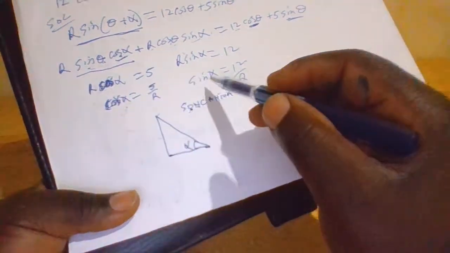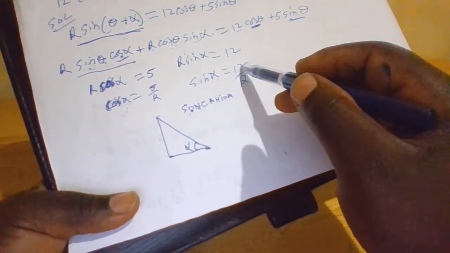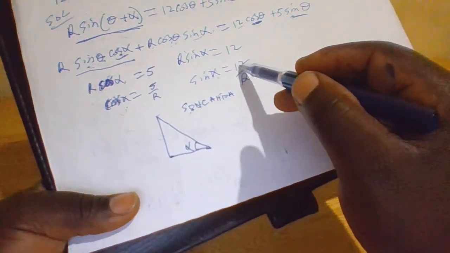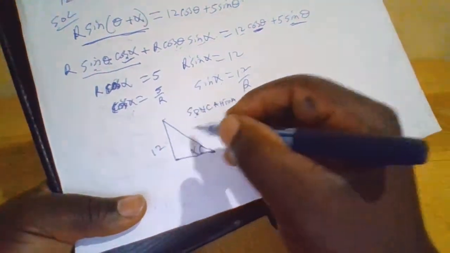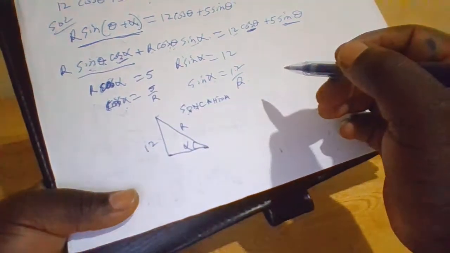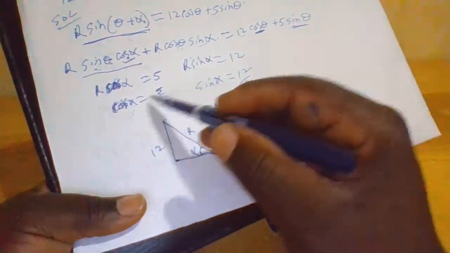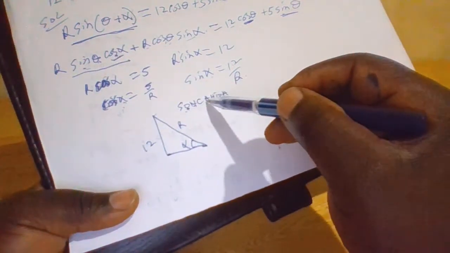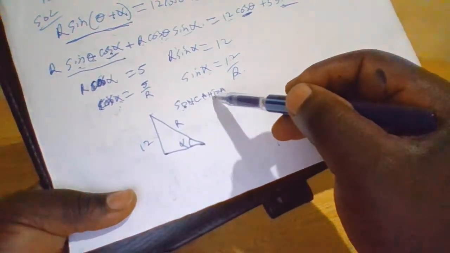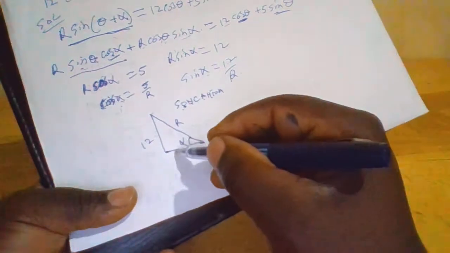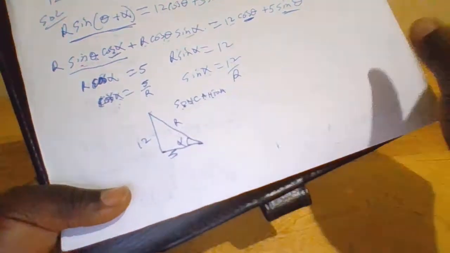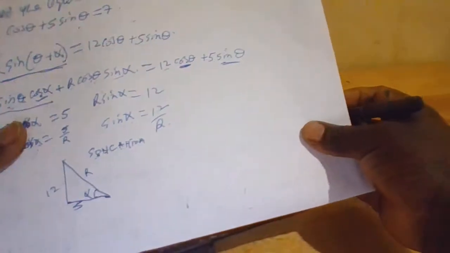So for the sine 12 over R, 12 is the opposite and R is the hypotenuse. The cosine of the angle is given by adjacent over hypotenuse, so 5 is the adjacent and the hypotenuse is R.